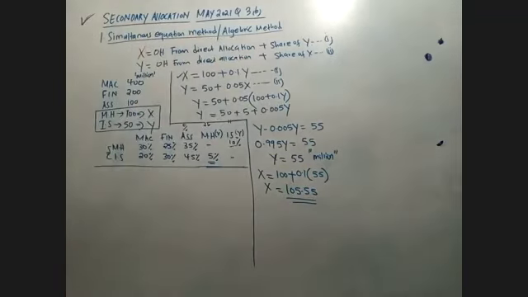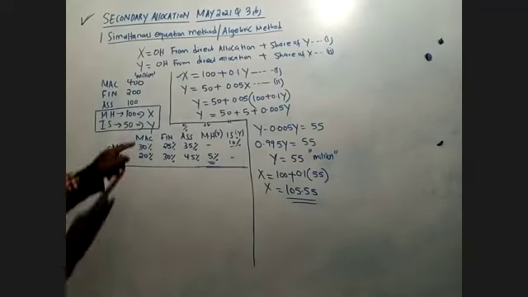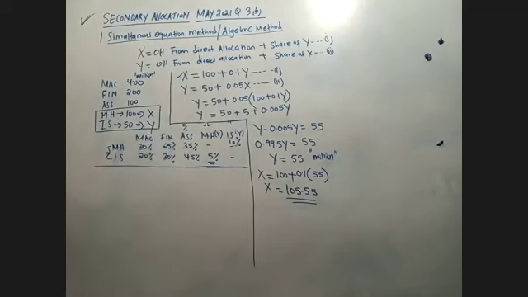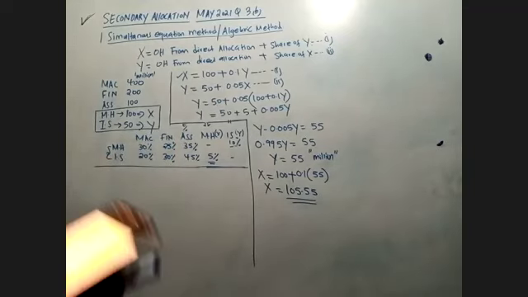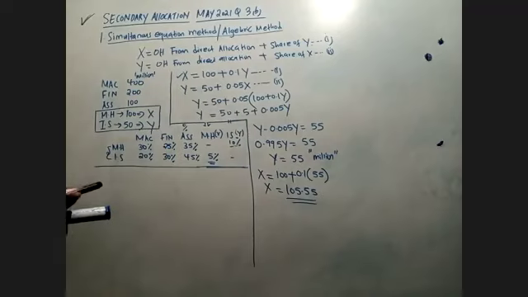Na tukishafanya hiyo, now we can allocate. We allocate where? Mark, fin, and assembly. We allocate it to mark, fin, and assembly. Sawa.